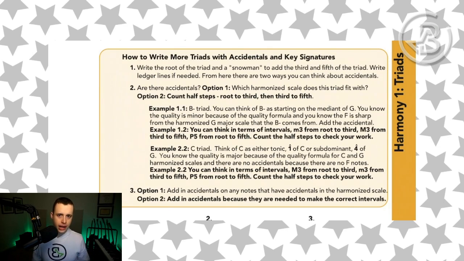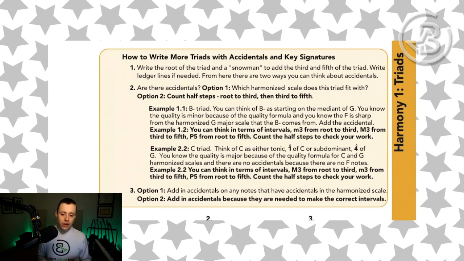A minor triad is going to have an interval of a minor third between the root and the third, and the interval of a major third between the third and the fifth. So you can just think about it that way, and that's fine. And if you want to just think about it that way, great. Stop the video here, go have fun, go write your triads. But if you want to learn about the second way of thinking about them, stay tuned.